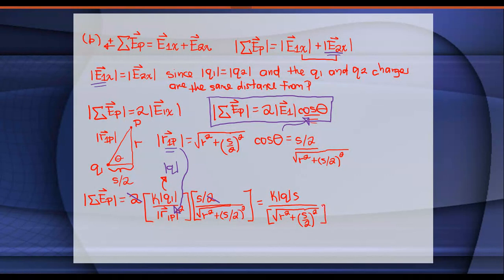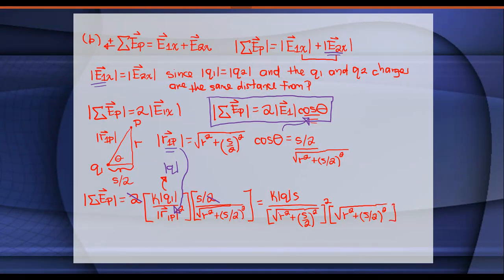And then we're going to multiply by this other part, which is still part of the cosine theta. Oh, we've got to square R1P. And then we multiply by the square root of R squared plus (S over 2) squared.